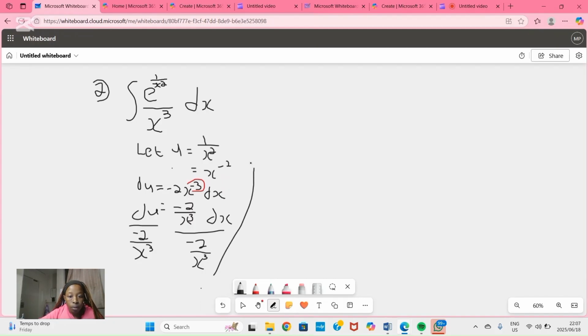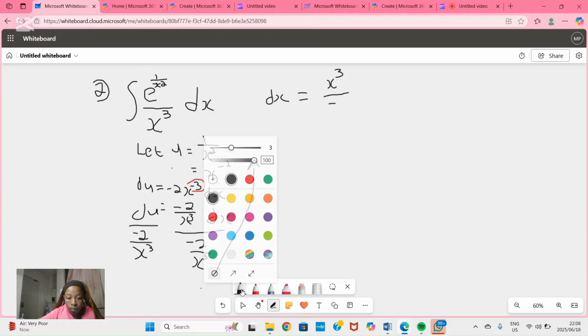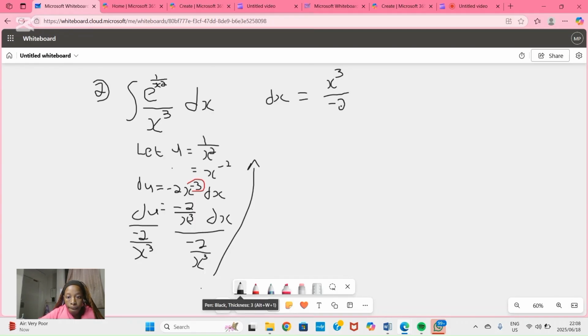So I'm continuing here. Our dx is equal to x cubed over negative 2. Shouldn't forget to write our du.